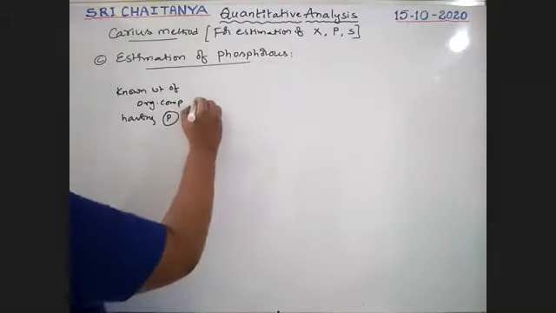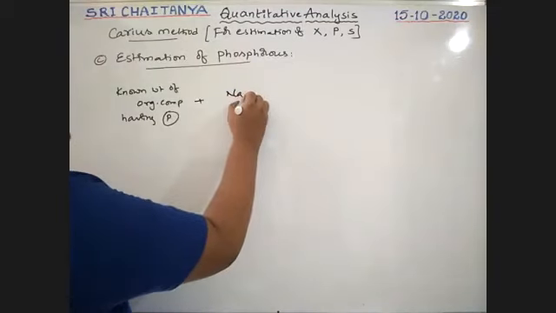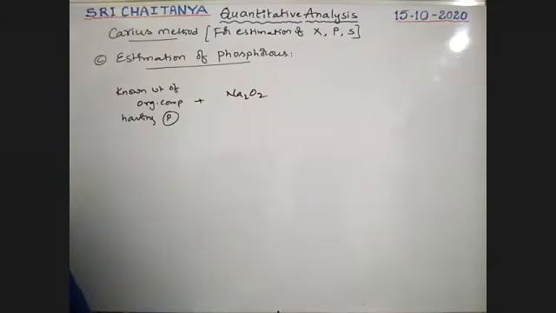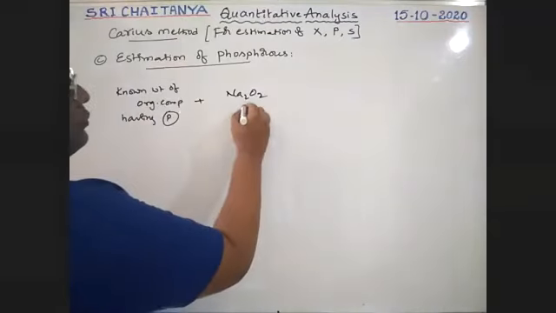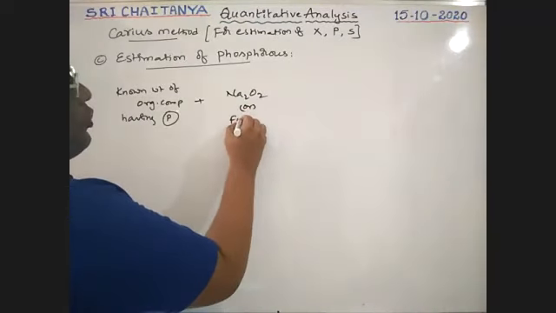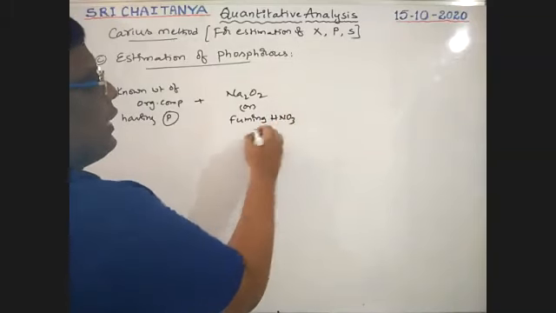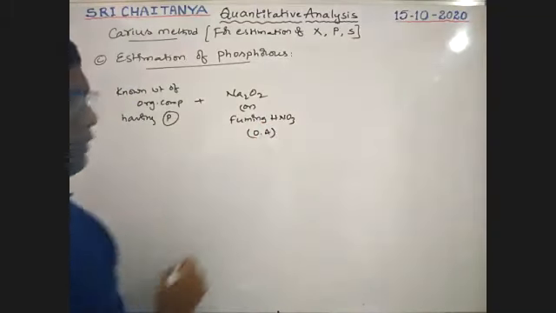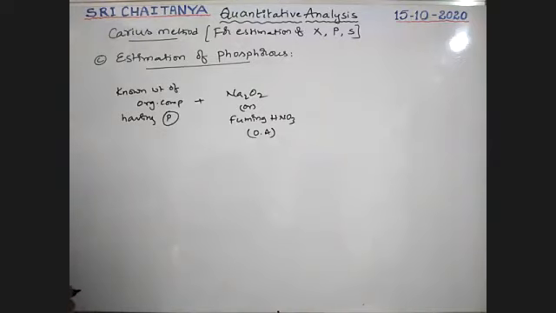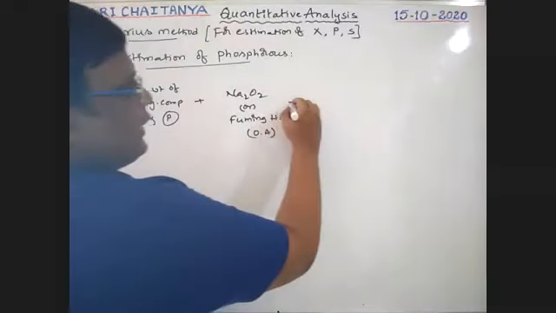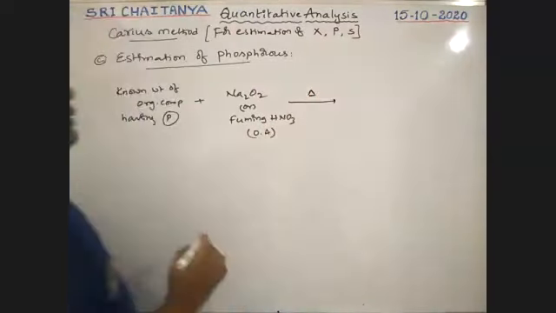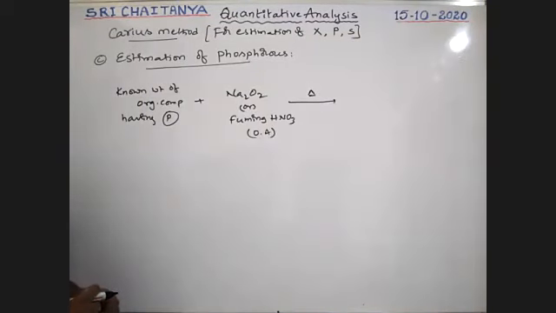This phosphorus containing compound is first of all treated with sodium peroxide or fuming nitric acid, which act as good oxidizing agents, boys. This entire mixture is heated in our Carius tube.